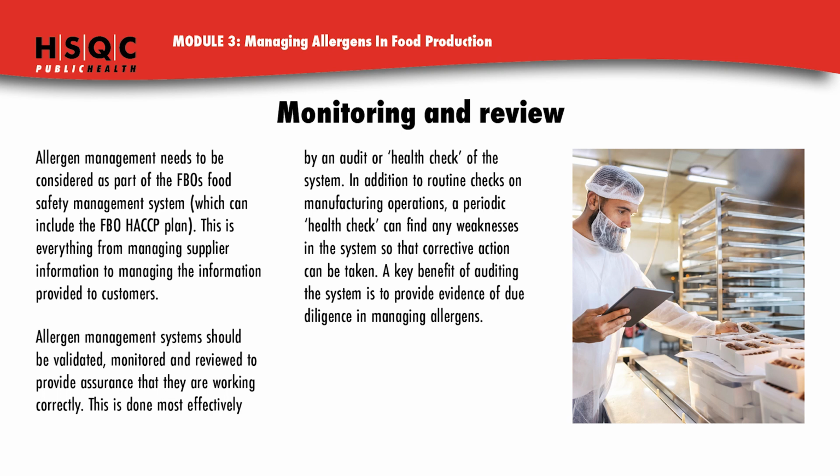This is done most effectively by an audit or health check of the system. In addition to routine checks on manufacturing operations, a periodic health check can find any weaknesses in the system so that corrective action can be taken. A key benefit of auditing the system is to provide evidence of due diligence to managing allergens.